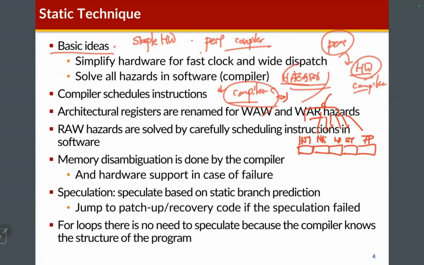But the basic idea of LIW is very similar to our out-of-order processor. An out-of-order processor also dynamically analyzes the data dependencies, right?